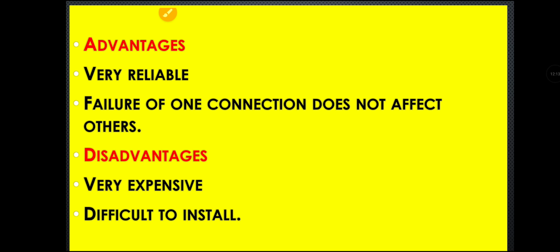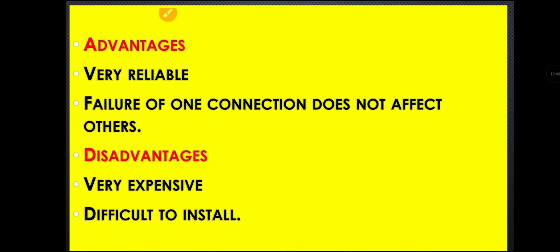It is one of the best qualities, and failure of one connection does not affect others. If any one connection fails, it doesn't affect all other parts of the mesh. And there is a disadvantage also: it is very, very expensive, and it is difficult to install in a system.